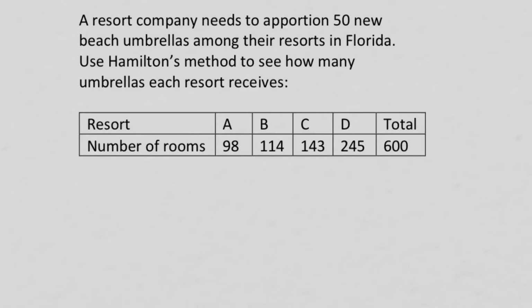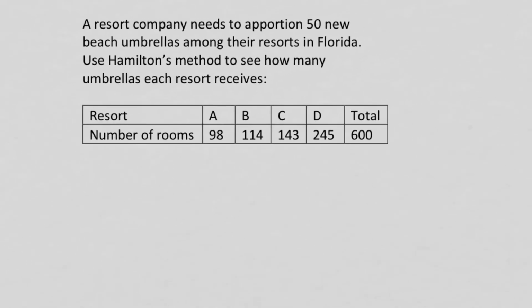Okay, so step 1 would be to take the total population of 600 rooms divided by the 50 umbrellas, and then that gives us 12.